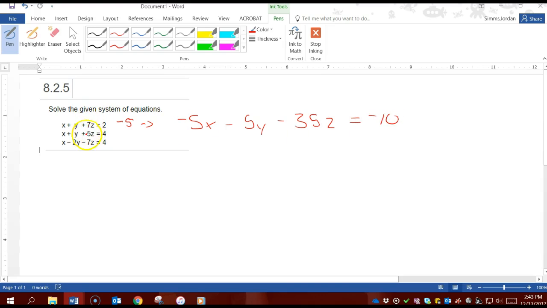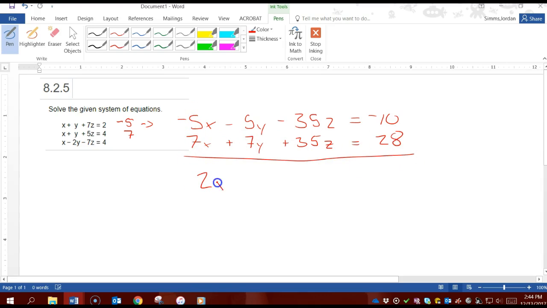We're going to add that to 7 times the second equation, because again, that'll give us positive 35 down here. So that's going to be 7x plus 7y plus 35z, and that's going to equal 4 times 7, 28. So we'll add those together now.